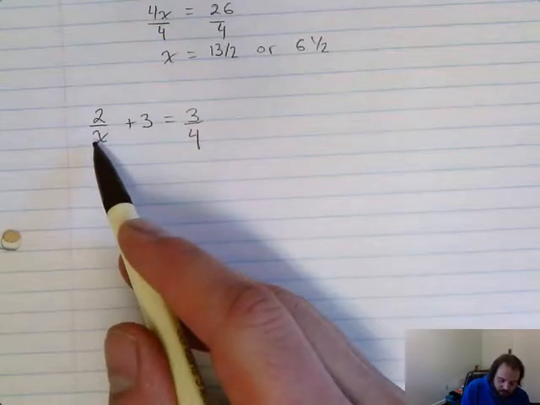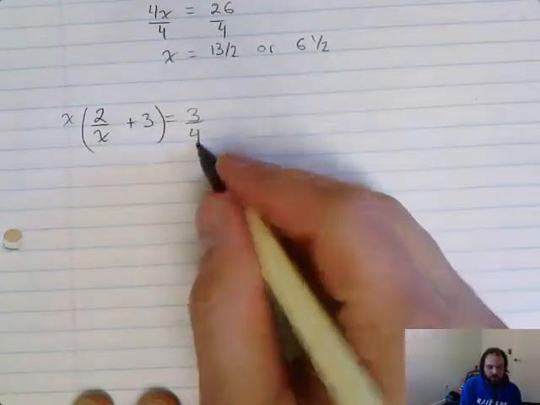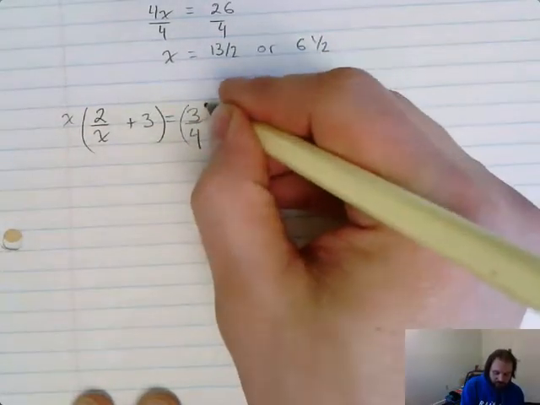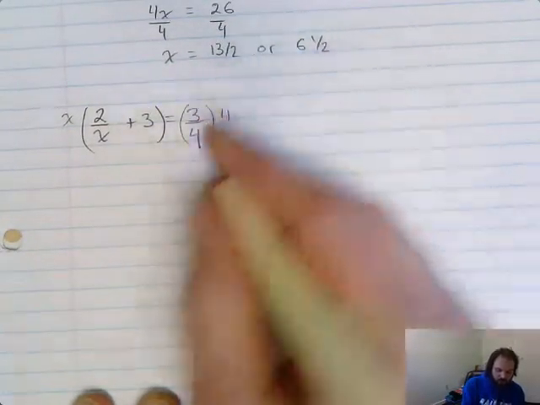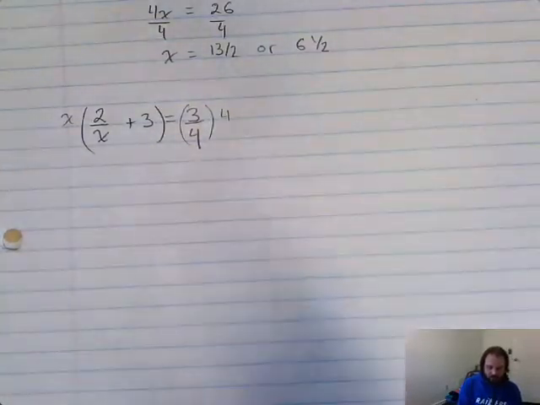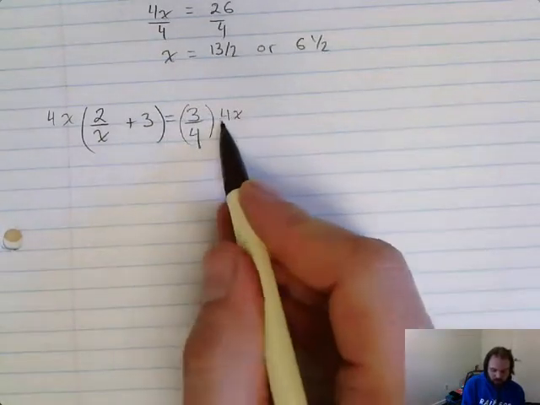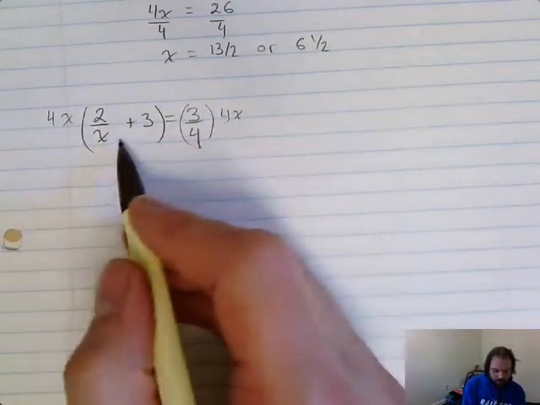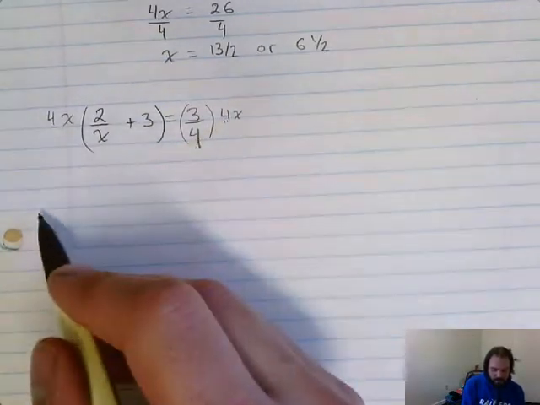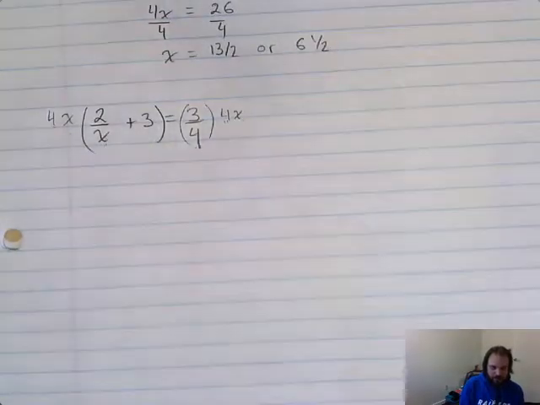We have an x on the bottom, so I want to multiply by x. We have a 4 as a denominator, so we want to multiply by 4. Now what we do to one side we must always do to the other side. So I'm going to put that x here and the 4 here. So we multiply both sides by 4 to get rid of the 4. Multiply both sides by x to get rid of the x.